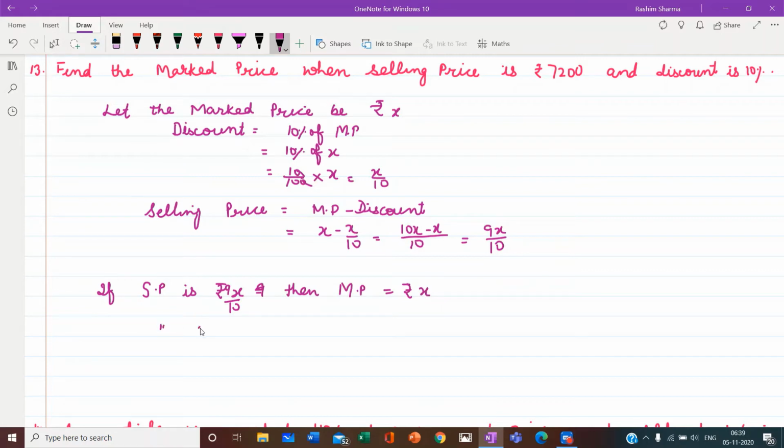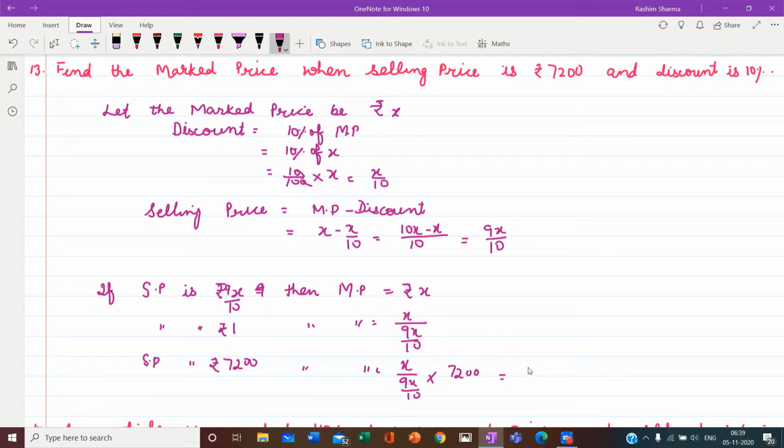When the selling price is rupees 1, then what will be the mark price? That is X divided by 9x on 10. And we will calculate for 7200 when the selling price is rupees 7200. Then what will be mark price? It will be equal to x upon 9x upon 10 into 7200.